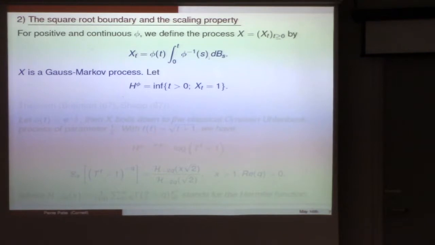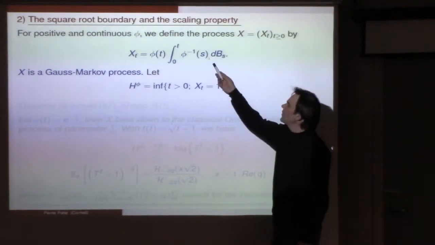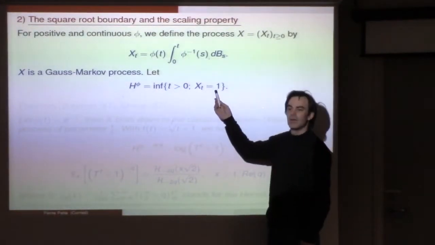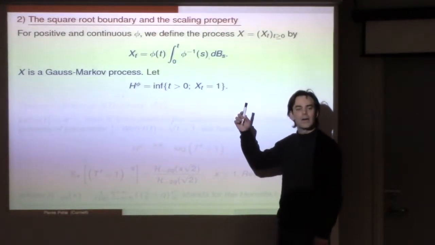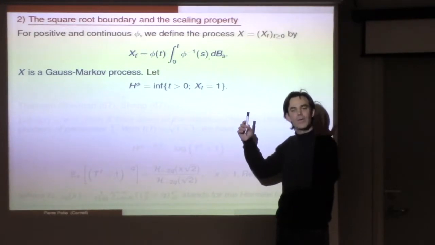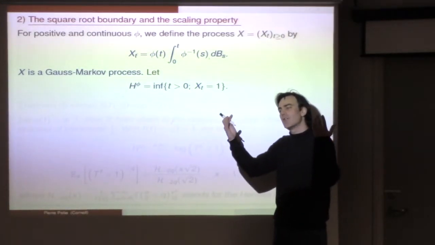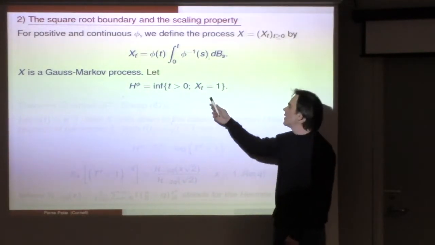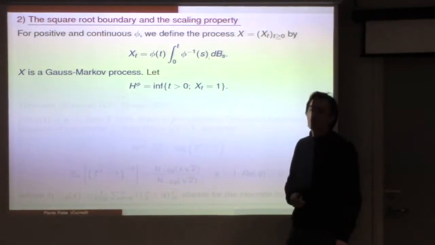And why are these processes interesting? We are looking at the first passage time of this non-homogeneous process to a fixed level. So before, we started from a homogeneous process, the Brownian motion, hitting a non-homogeneous level, and now we transfer the problem: we have a non-homogeneous process which hits a fixed level.